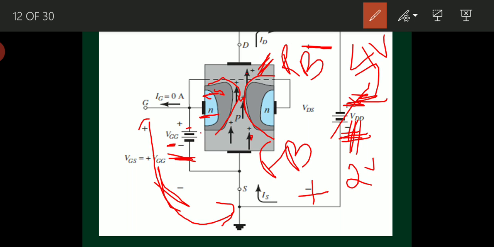At 2 volts only, I will get the channel width very narrow, so the pinch off condition occurs very fast. At VDS equal to 2 volts, all the charge carriers will accumulate here, and only a constant number of charge carriers will move from source to drain terminal. So current becomes constant.